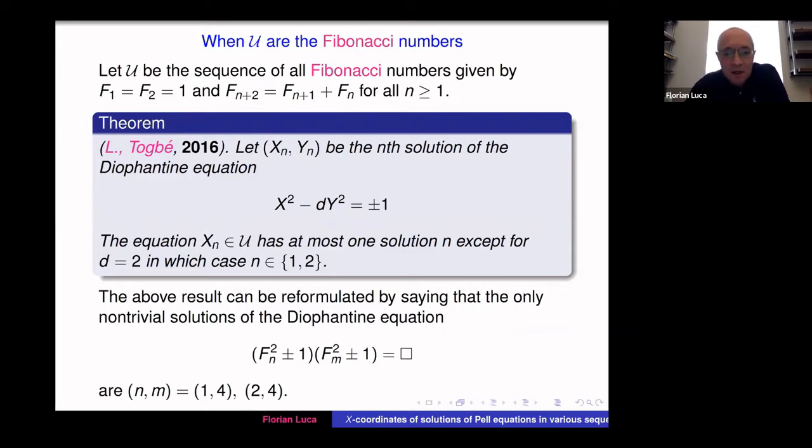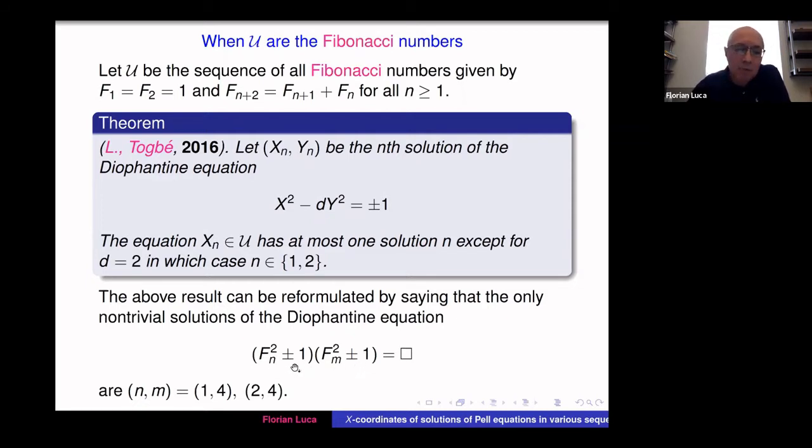And I guess it comes from 1 squared plus 1 times, what is it, 3 squared minus 1? Anyway, there is an example in there which works for n and m equal to 1 and 4. So for example, if this one is 3, then you get 3 squared minus 1, I guess that's 8.